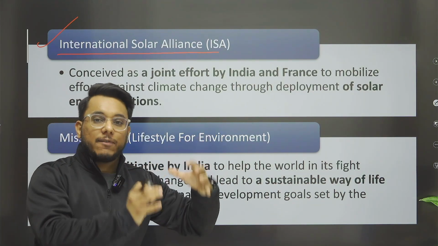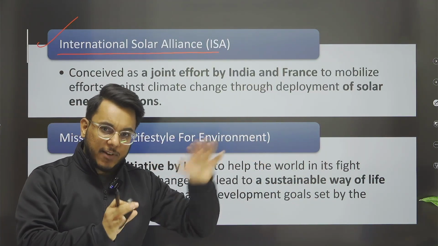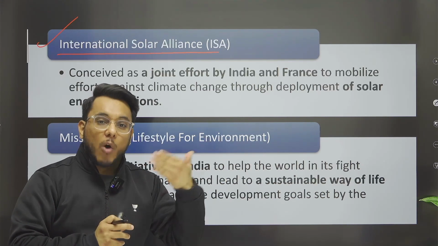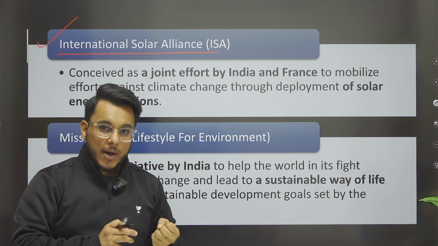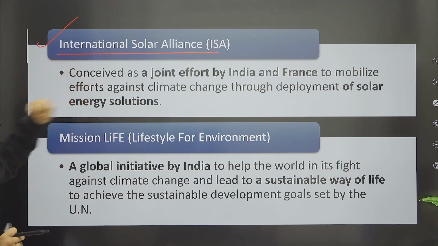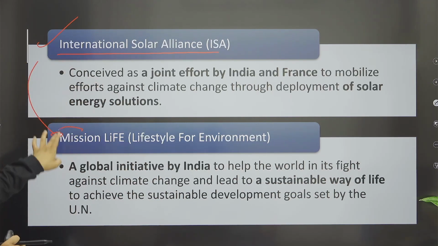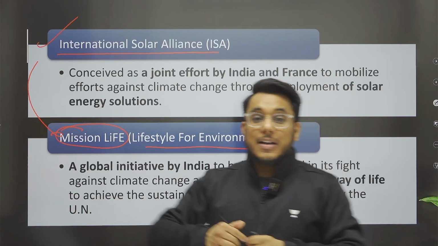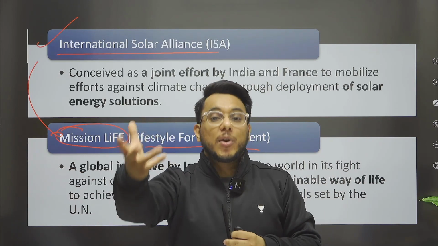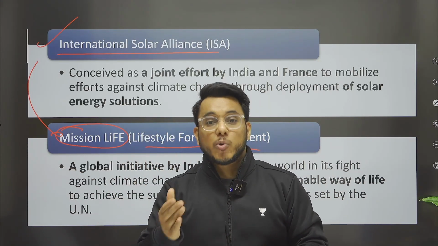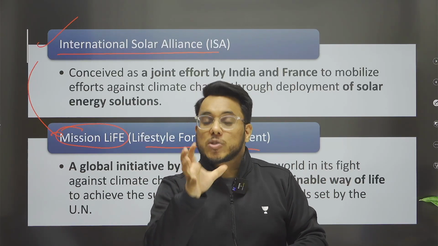India and France jointly launched the Solar Alliance in 2015, where we want to leverage solar energy. So on the solar energy front, India can help. Moreover, recently there is India's Mission LiFE, Lifestyle for Environment, where we are nudging people to become more responsible about consumption patterns, because today two-thirds of global emissions are because of consumption.